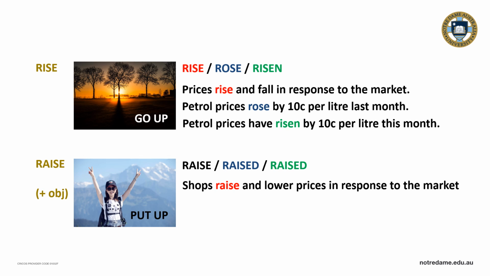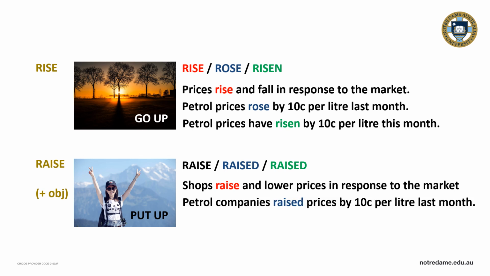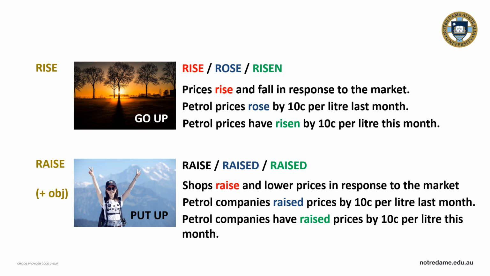That's the present tense. Petrol companies raised prices by 10% per litre last month. Past. And petrol companies have raised prices by 10 cents per litre this month. Present perfect, have and the past participle.